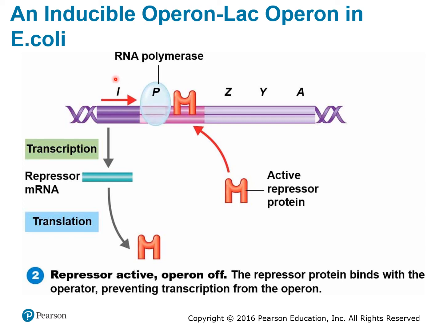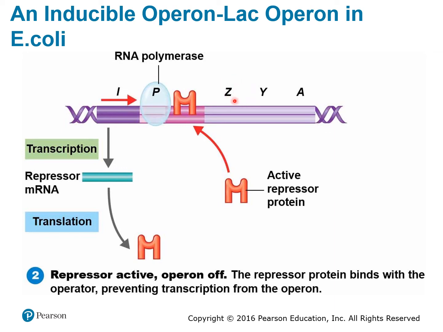So here is the regulatory gene sequence. Here is the promoter sequence. Here is the operator. And then here are the genes that are going to, in this case, help metabolize lactose. We give them letters.